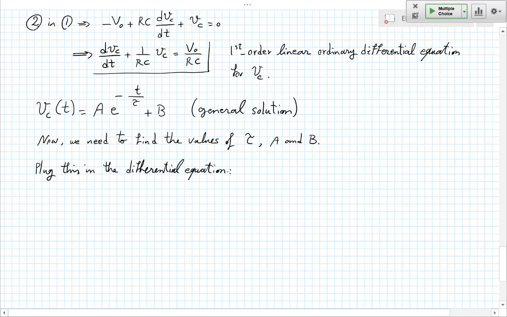So if that's the form of VC, the first derivative is going to be minus a over tau e to the minus t over tau.